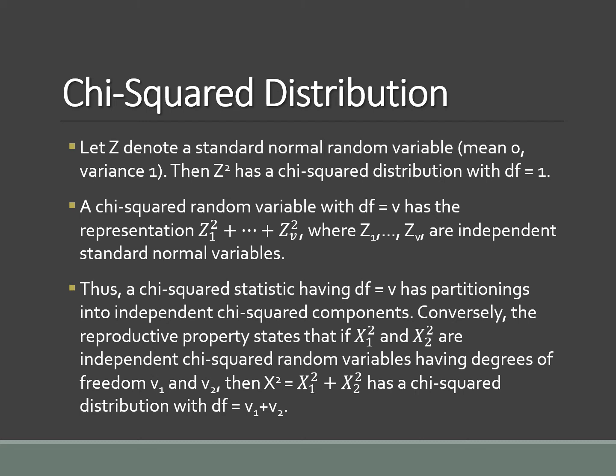X1 squared has v sub 1 degrees of freedom, X2 squared has v sub 2 degrees of freedom. So the df of the chi-square resulting from their sum is just the sum of the degrees of freedom of X1 squared and X2 squared.